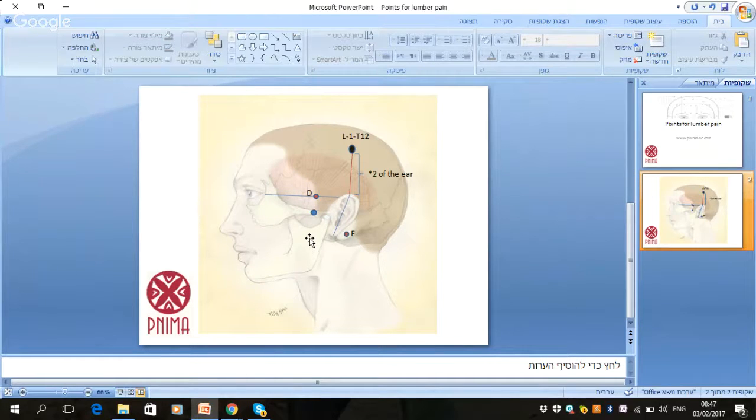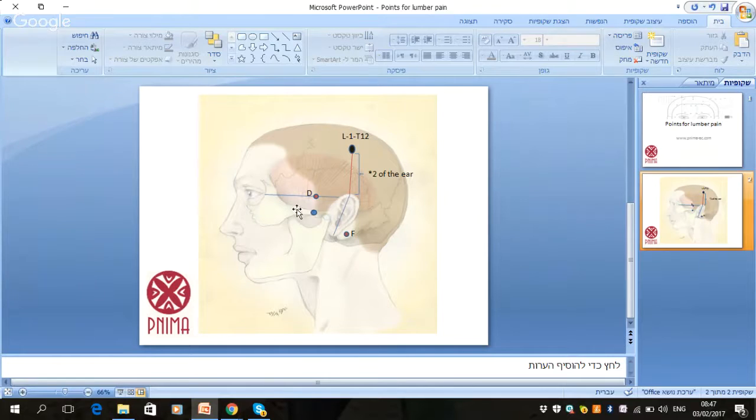Now, this point also has a direction. If I needle it from anterior to posterior towards the ear, I'll be having an effect on the palm of the foot, and if I needle it from the ear towards the eye, I'll have a dorsal effect. So if I needle towards the eye, it's for a sprained foot.